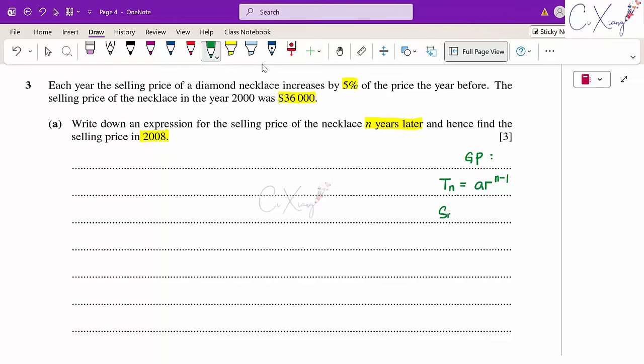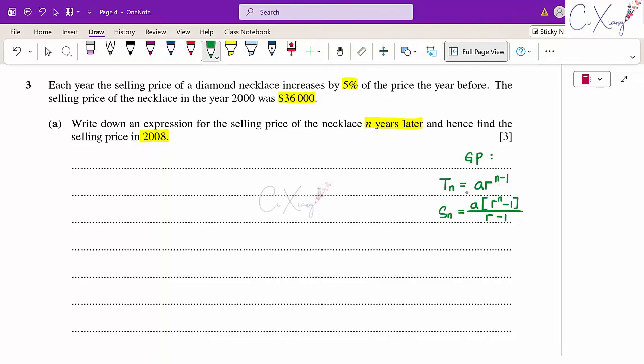If they are asking for the sum of the first n terms, then it will be a multiplied by (r power n minus 1) divided by (r minus 1). Or the other way around, a multiplied by (1 minus r power n), then the bottom is 1 minus r. These formulas are provided in the formula booklet, just in case you can't remember, you can always refer back to the formula booklet.